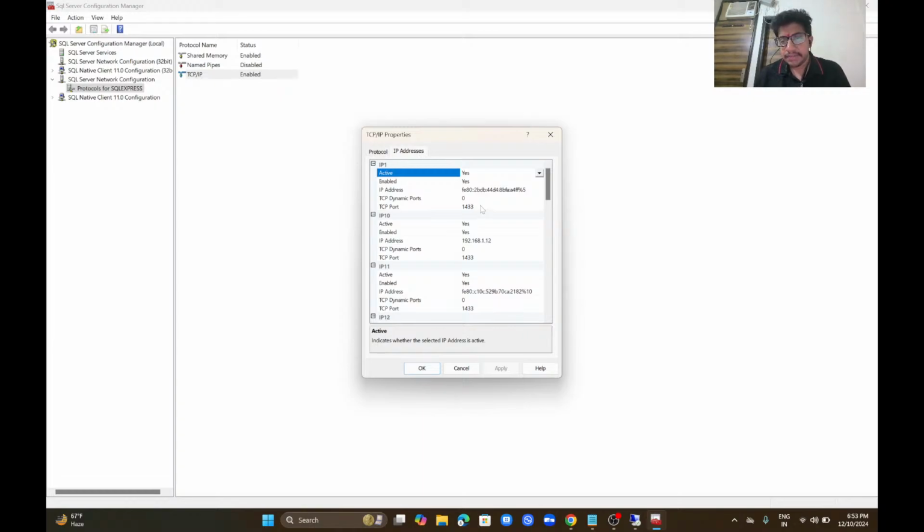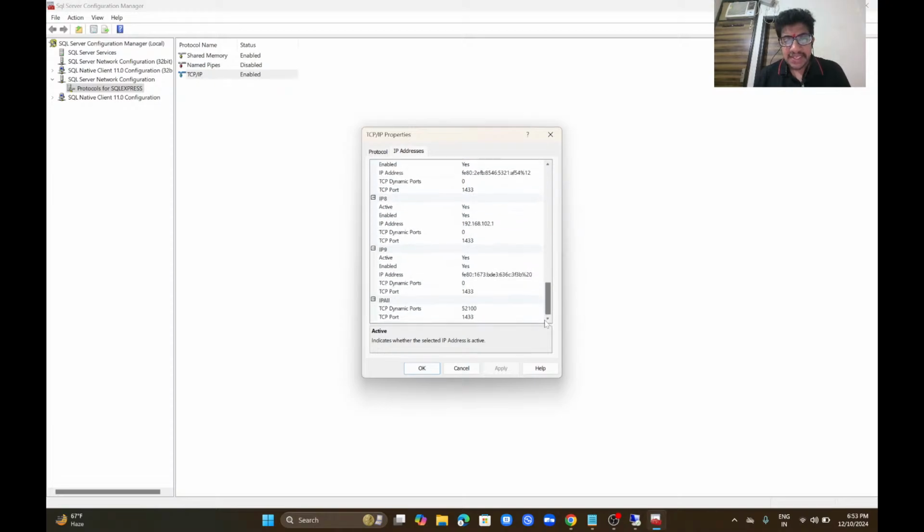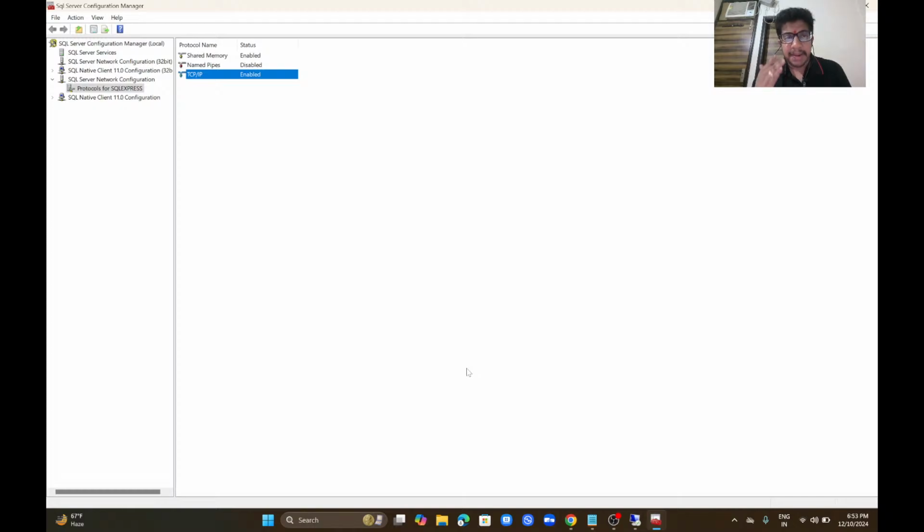You can see here, 1433. All port numbers say 1433, and the IP address is also there. For database connection purposes, we are using 1433 as the port number.